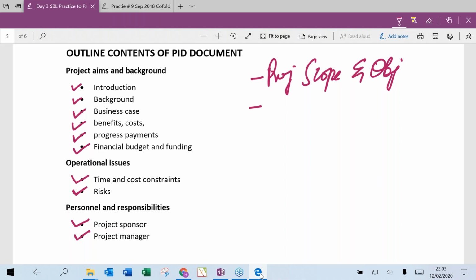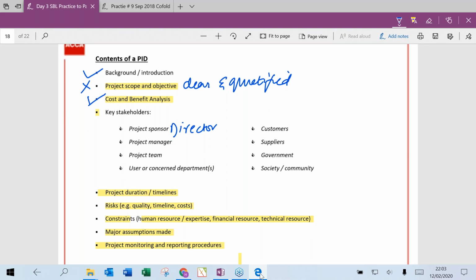But other than these two, what about the others? What about the project team? Don't you think we need a big team in Beetle to do the biggest project? Where will we get the team from? What kind of team we require? I don't know. So project team is one of the major key stakeholders.